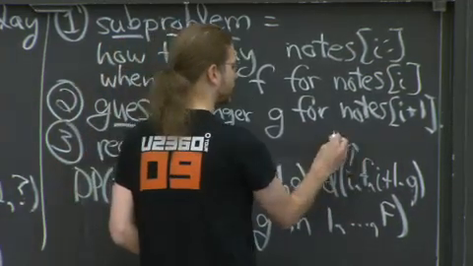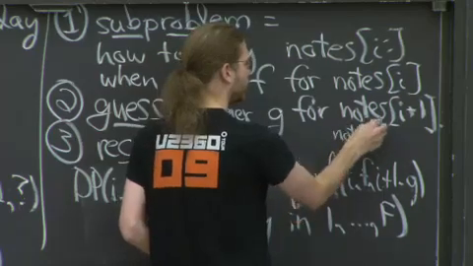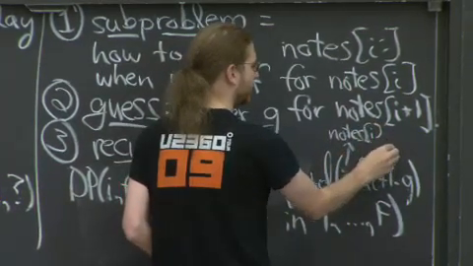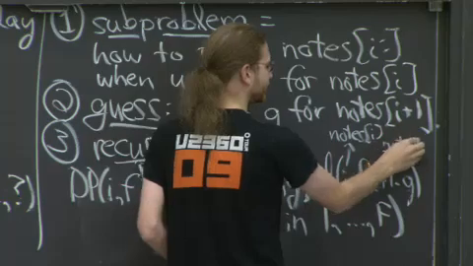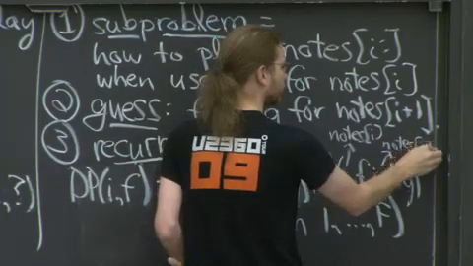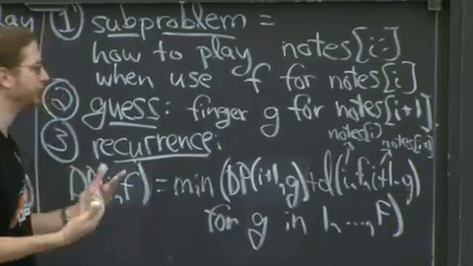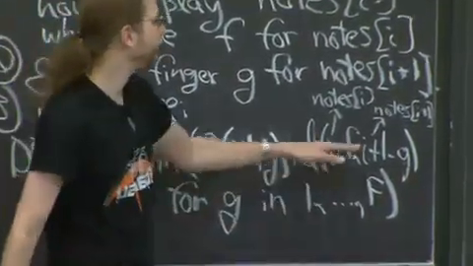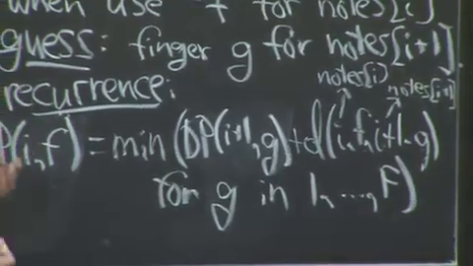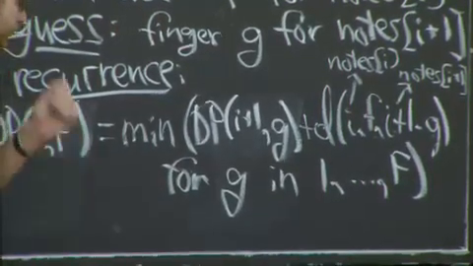This should probably be the note: what is note i? And this thing should be what is note i plus 1. If you think of this function just being given notes, pitches that you need to play, instead of indices into the array. It doesn't really matter, but that's how I defined it before.